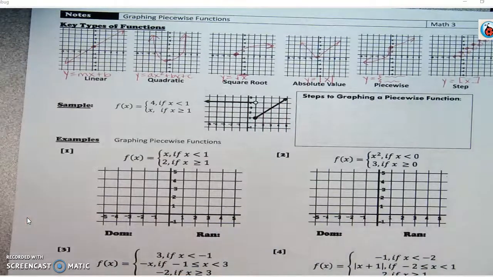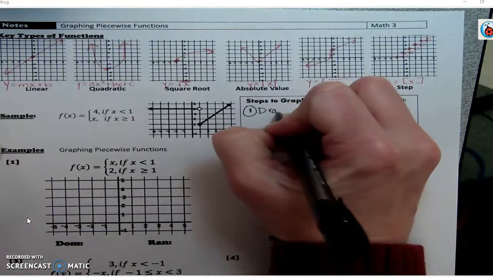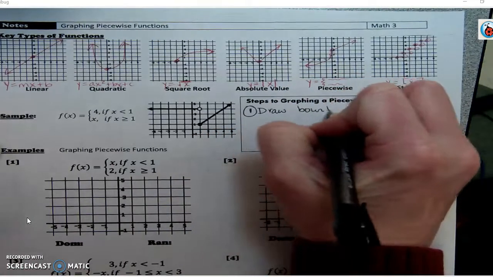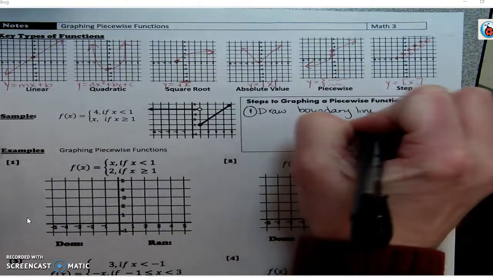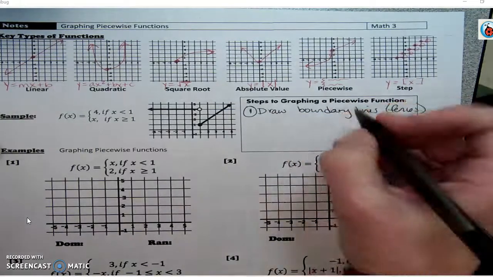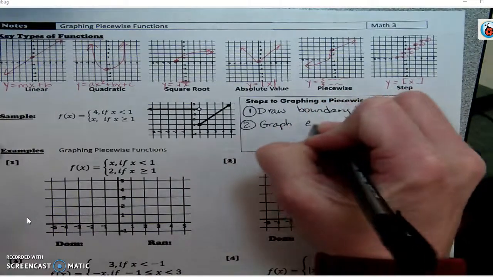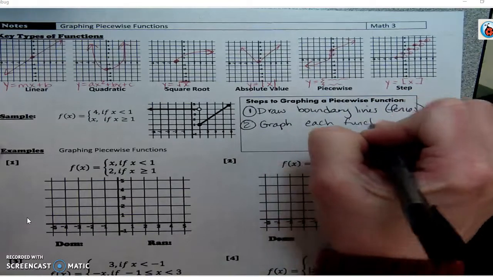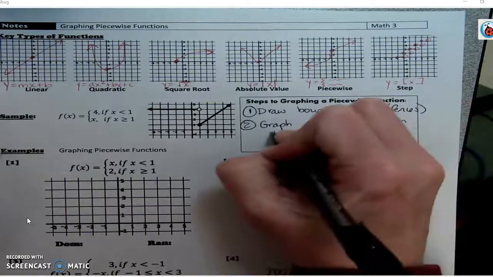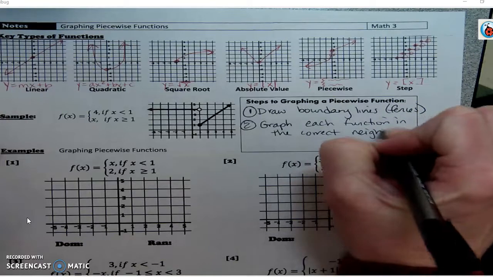All right. Steps to graphing a piecewise function. First, you draw your boundary lines, and I'll call those your fences. Then you graph each function in the correct neighborhood.